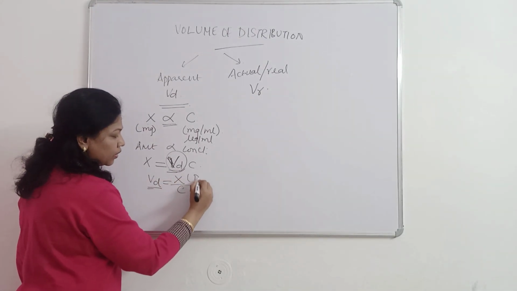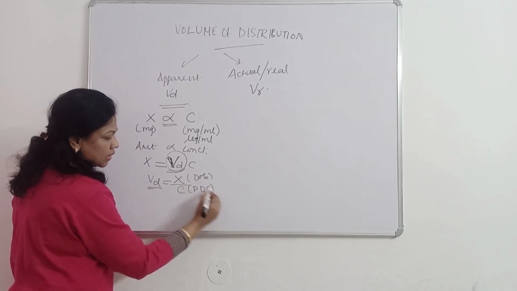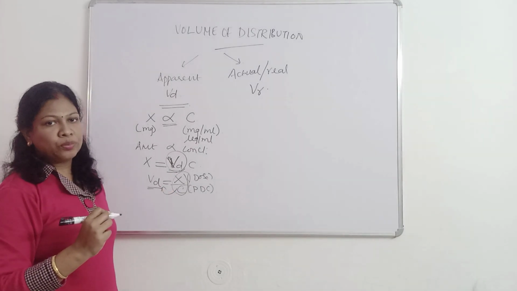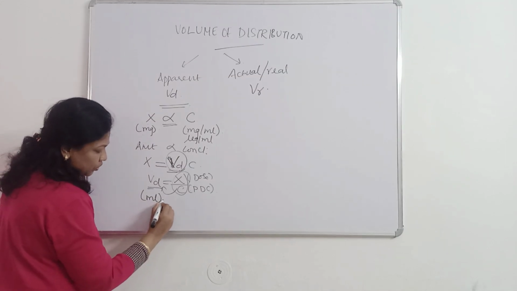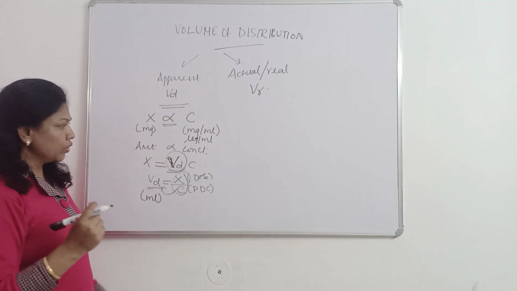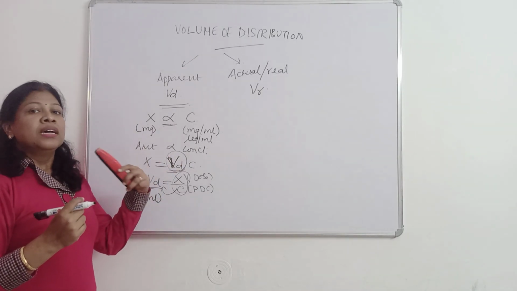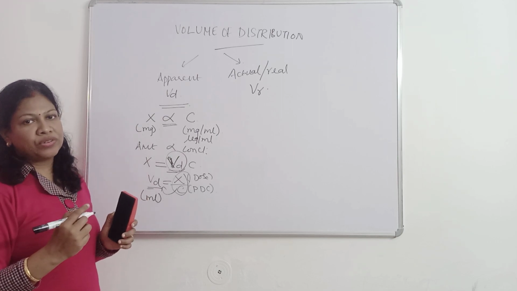The ratio of the amount of drug administered to the plasma drug concentration is known as the apparent volume of distribution, and its unit is ml. So apparent volume of distribution is different from the actual or real volume of distribution.